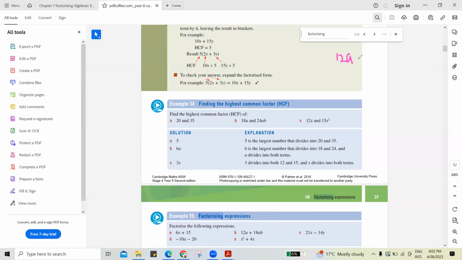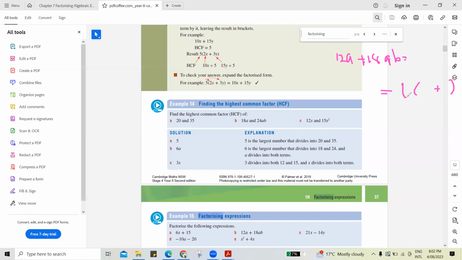12a plus 18ab, right? Now, what is the highest common factor? 2, 3, 4, 5, 6. 6.